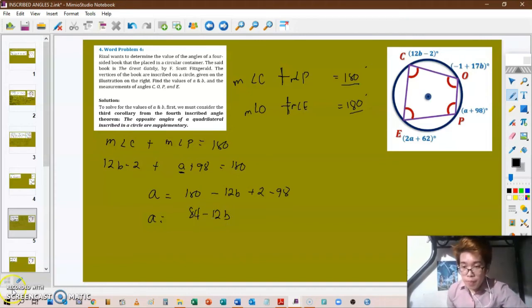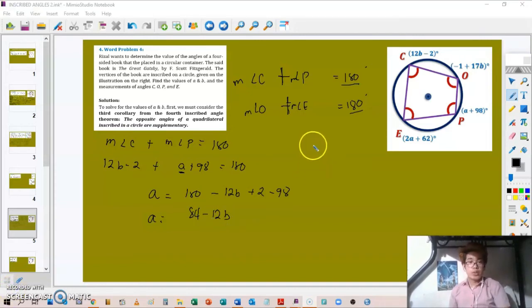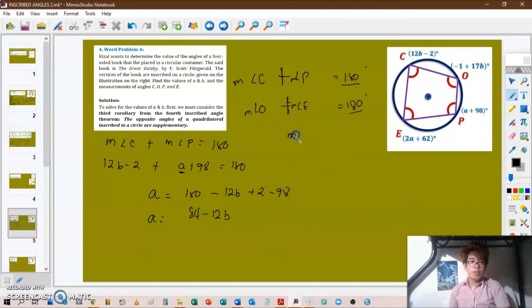Now let's go to our second equation. The measurement of angle O plus the measurement of angle E is going to give us 180 degrees. The values are: angle O is negative 1 plus 17B degrees, and the measurement of angle E is 2A plus 62 degrees. When we add them together, they're equal to 180 degrees.